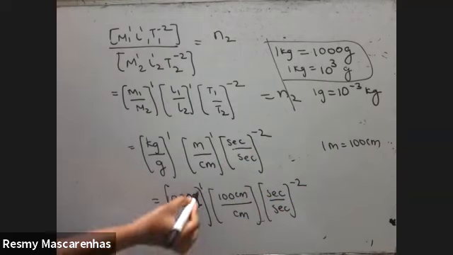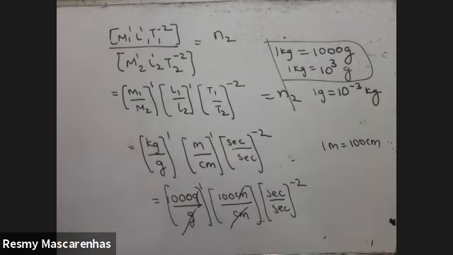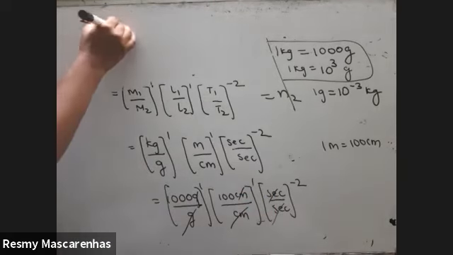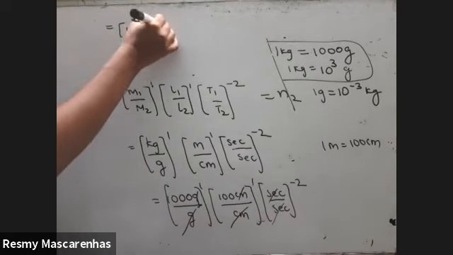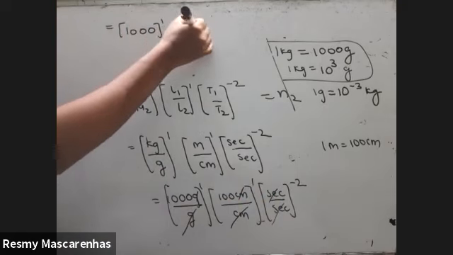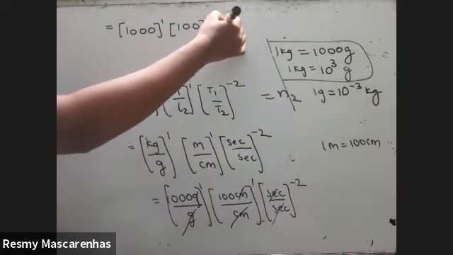Now what will cancel? Gram and gram will cancel. Centimeter and centimeter will cancel. Second and second will cancel. What remains is 1000, 100, and nothing for time.